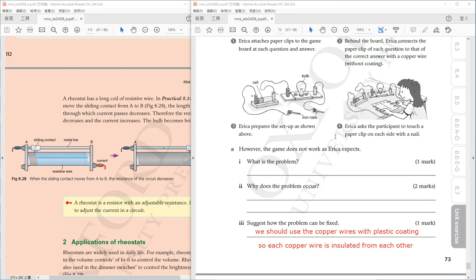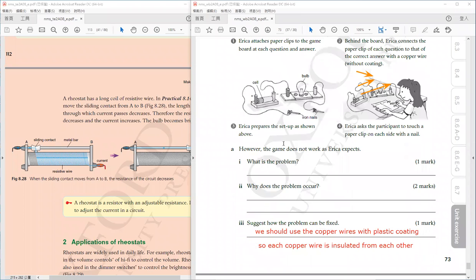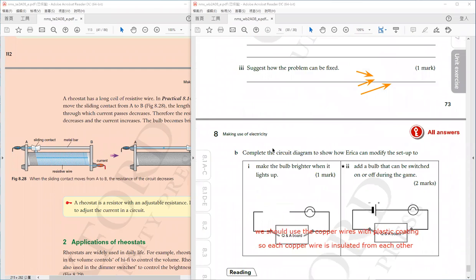With such insulation, these copper wires will not touch each other and will not connect together in the electrical current.